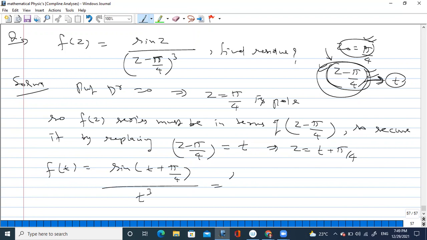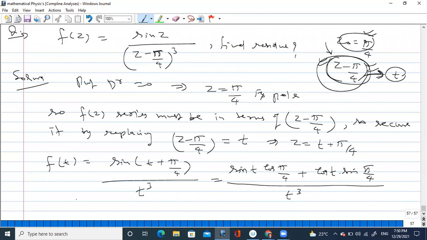So it will become sin t cos pi by 4 plus cos t sin pi by 4, divided by t cube. Okay, cos pi by 4 is 1 by root 2 and sin pi by 4 is also 1 by root 2, that will be common. Then you put the sine series, then you put the cos series, add them, and then divide by t cube.